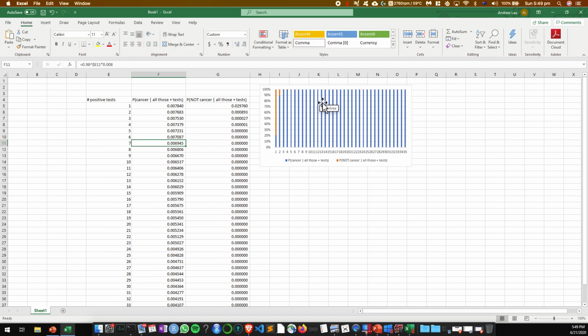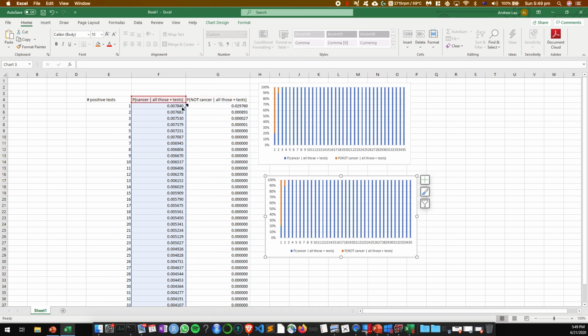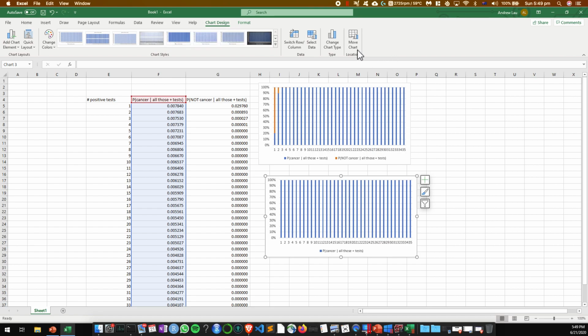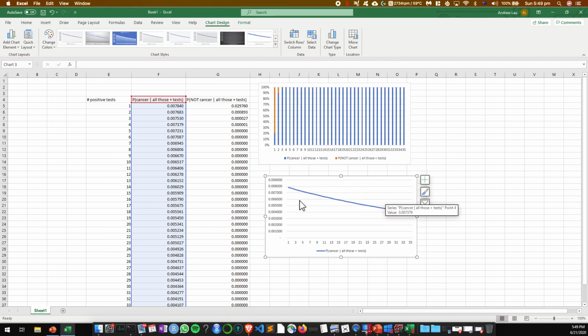Is this right? Oh, let me scale it actually. It might make more intuitive sense if I scale it to something out of 1, because it's kind of hard to see the logarithmicness.